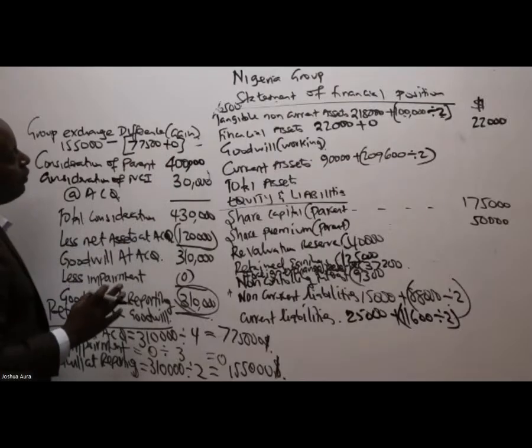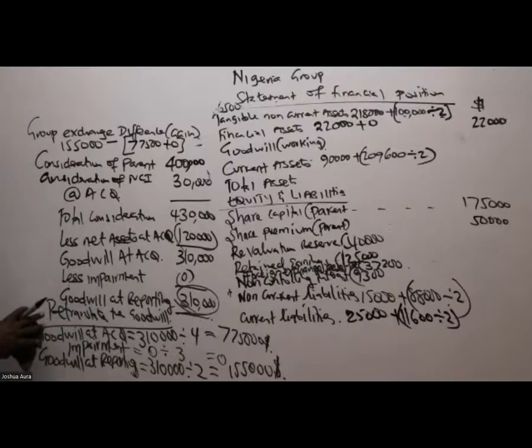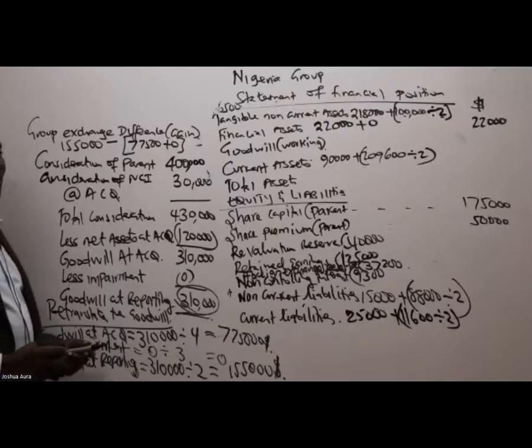So how much do we have there as our group exchange difference? What amount do we have there?